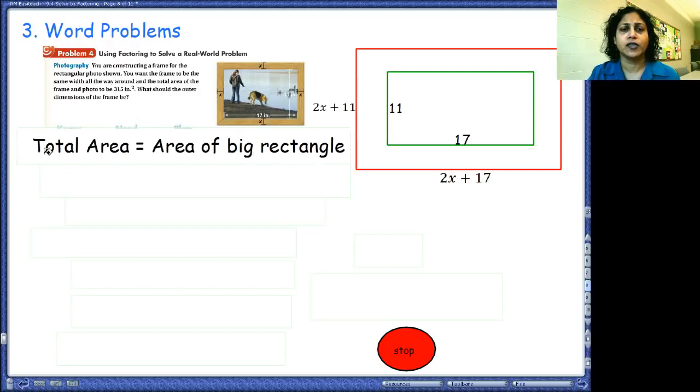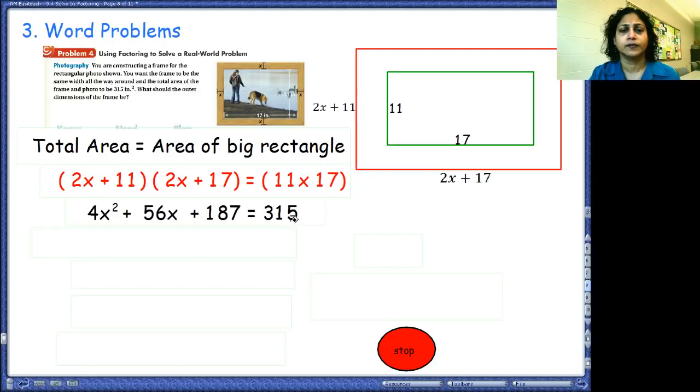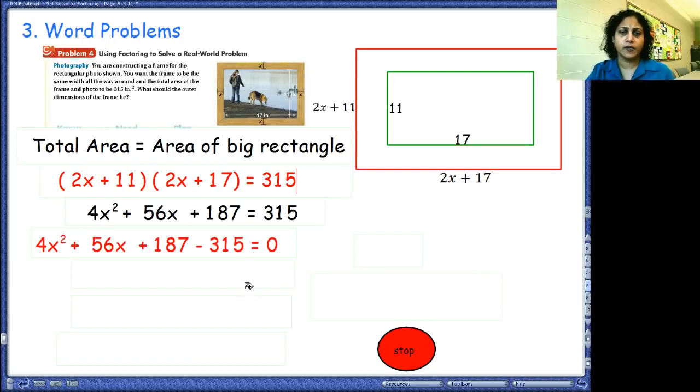So the total area is the area of the big rectangle, which is 2x plus 11 times 2x plus 17, and that has to equal 315. Simplify, and then make the equation equal to 0.